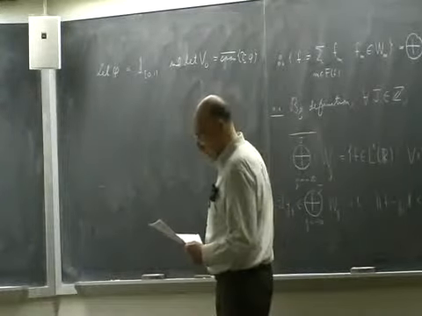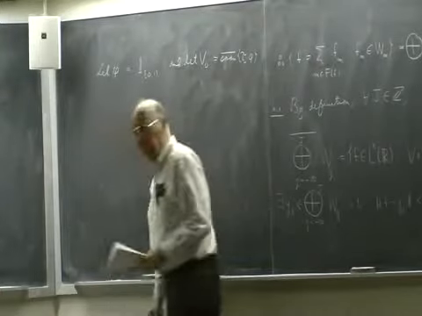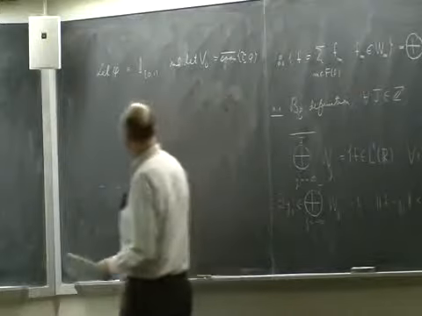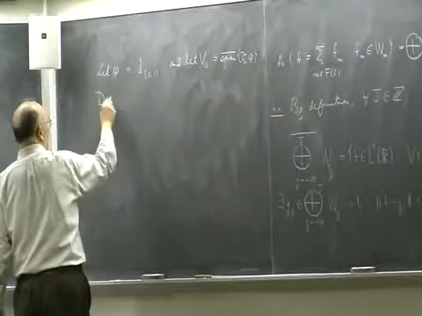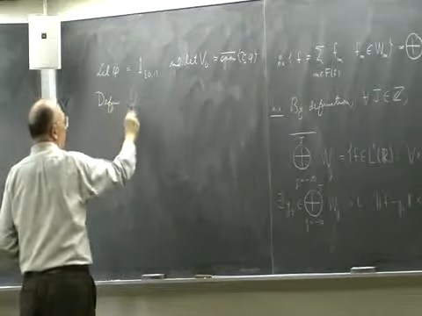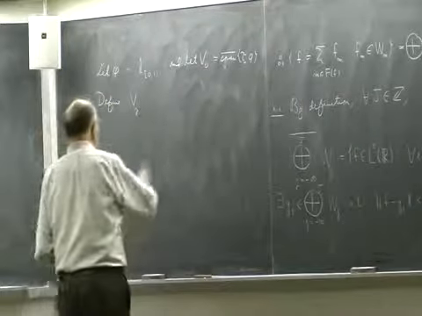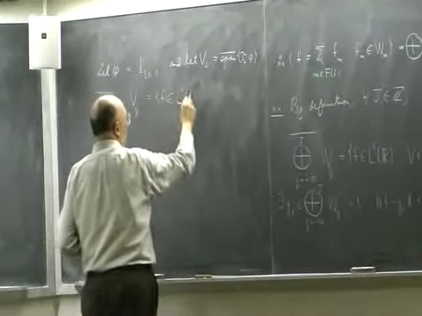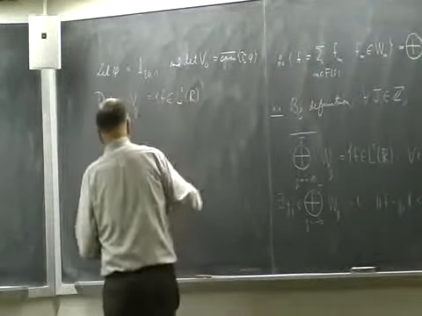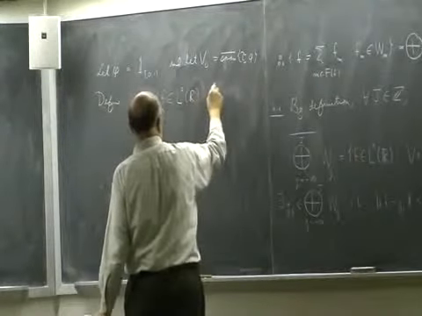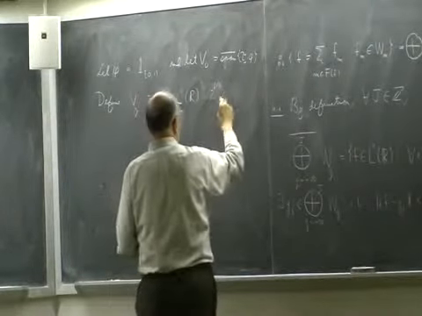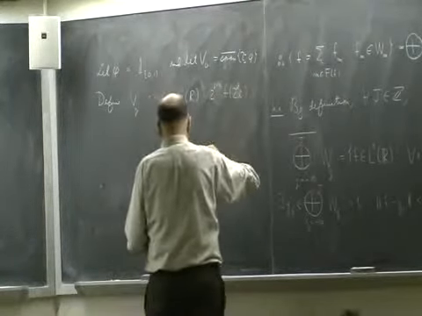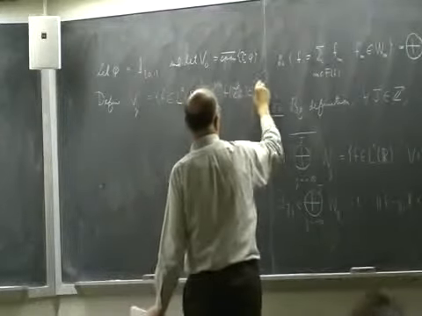Okay? Why not? In particular, that means it's an orthonormal basis for V naught. And define Vj to be equal to the set of all functions f in L2 of R such that 2 to the j over 2 f of 2 to the j t is in V0.